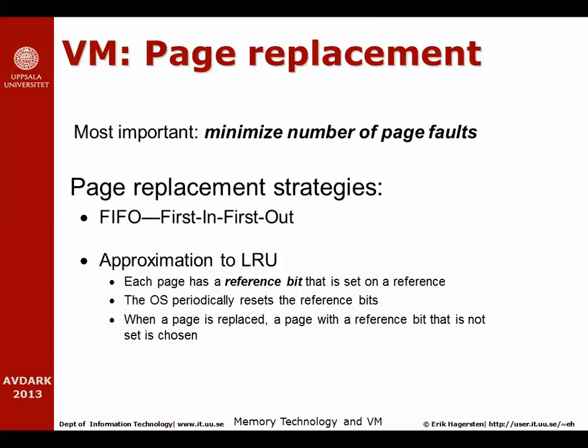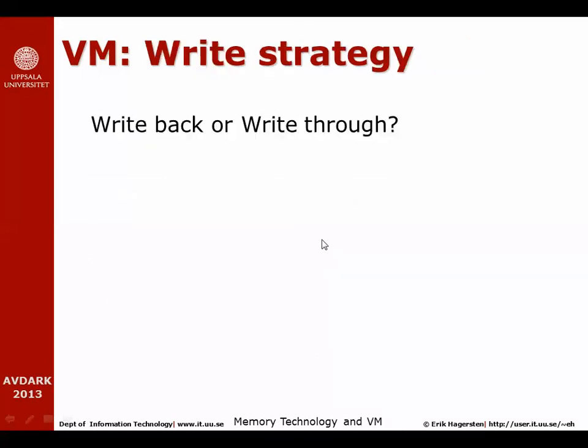Whenever you access a page, if that bit is not set, you will automatically set that bit in the TLB, and eventually also write that information back to the page table in memory. Periodically, the operating system will reset these reference bits, and then it can figure out which pages are actively being used right now, and make sure that you don't throw out any of the more recently used pages. So using this reference bit, you can actually approximate LRU to some extent.